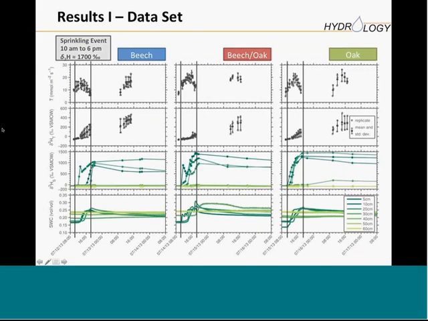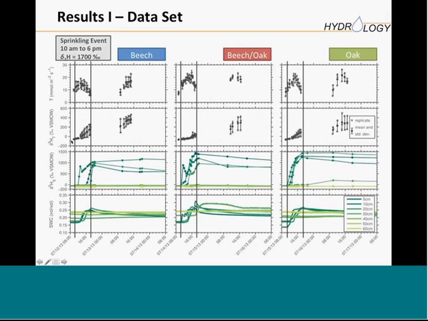Good. So this is how the data looks like. I just take a little bit of time here to explain what you see. Again, this is the beech oak, and the oak, in the columns, and then the upper graph shows you the transpired fluxes of actually 2 days we did after the sprinkling event that is highlighted with those 2 dark lines.